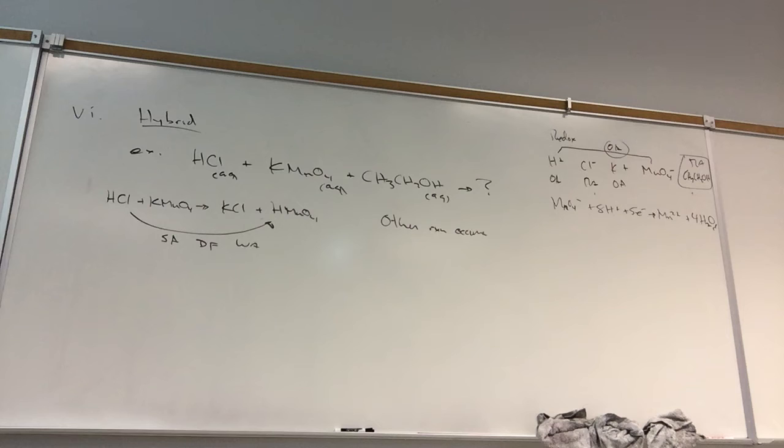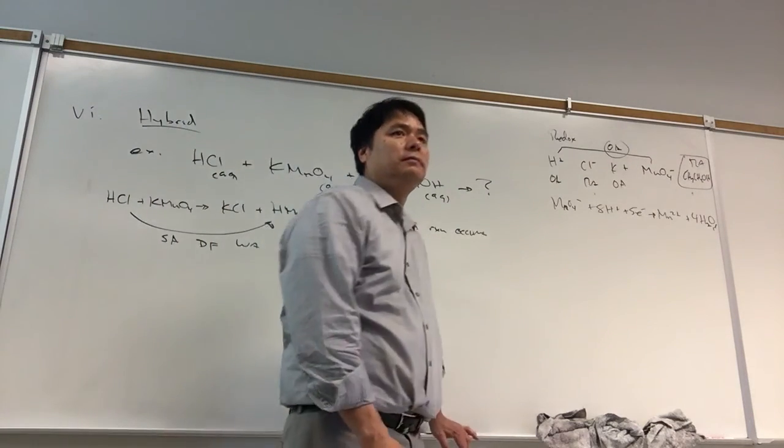But shoot, ethanol is not on the chart. I know ethanol is the strongest reducer and it's a powerful reducer, but it's not on the chart. And so what can I do about ethanol?